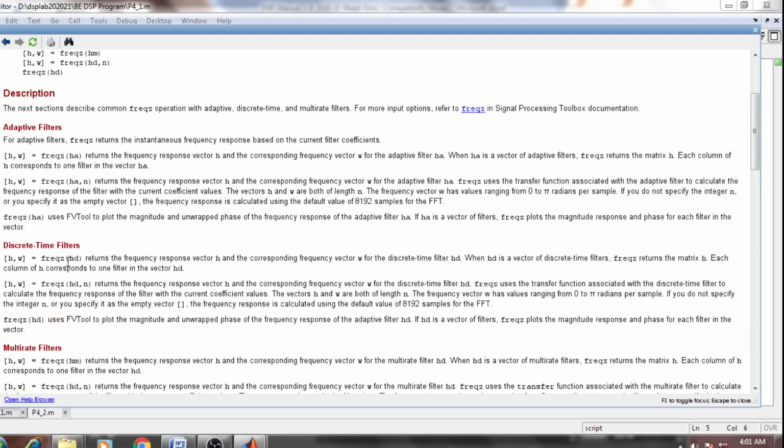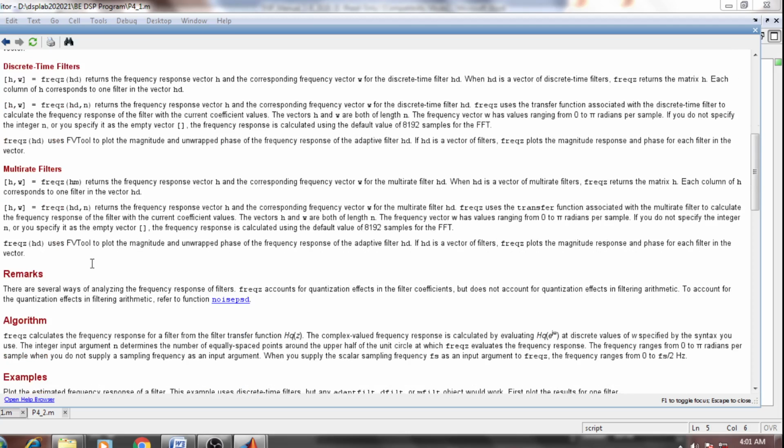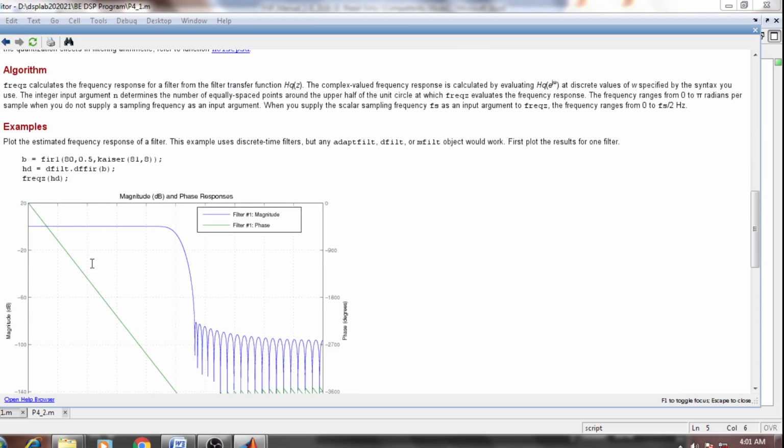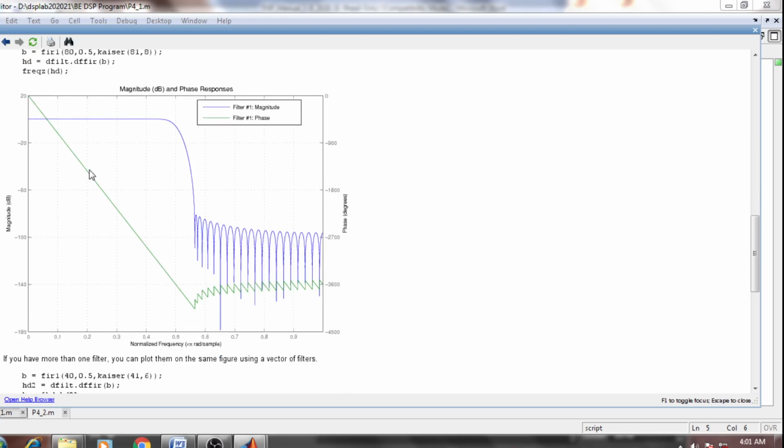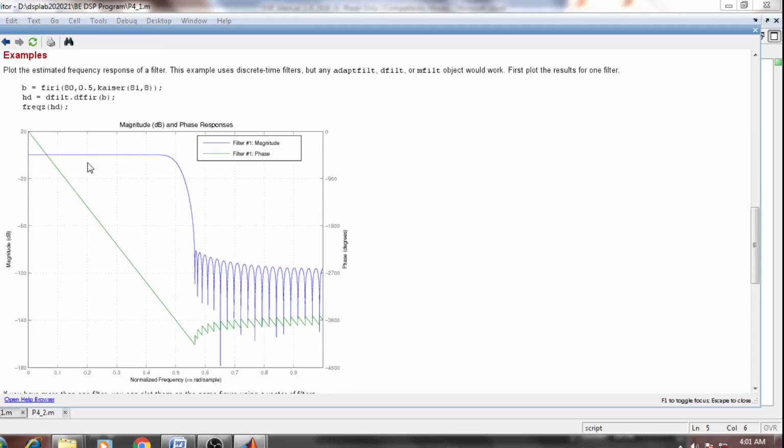You can use this function for adaptive filters, discrete time filters, multi-rate filters. Similarly, you can see the response with the help of examples. Here examples are also given.